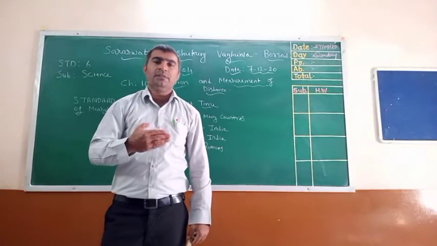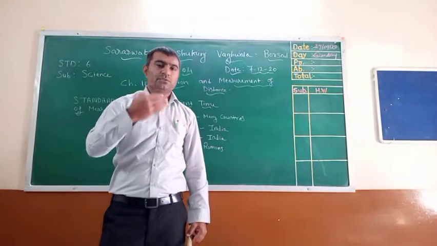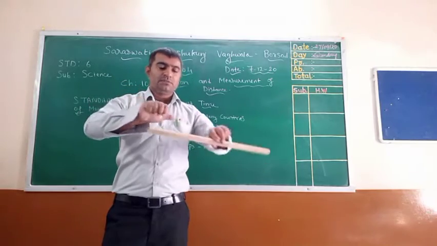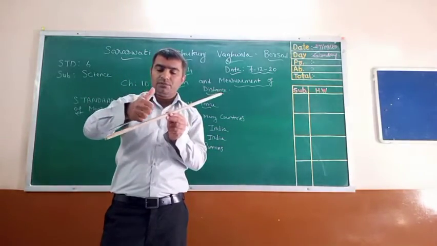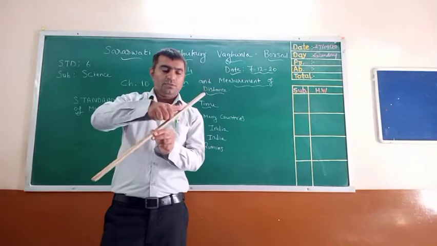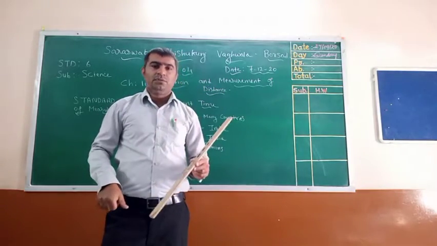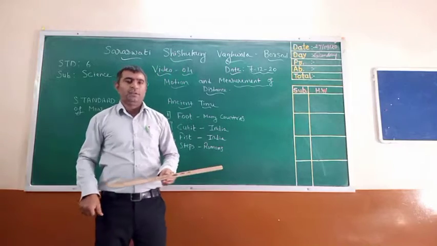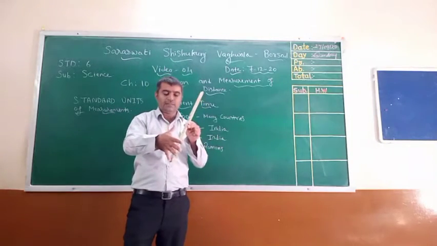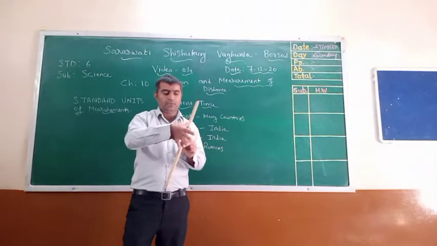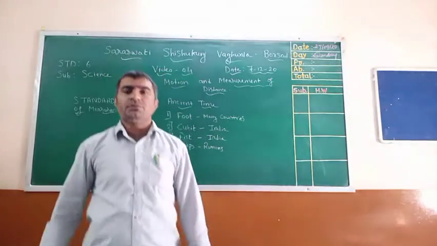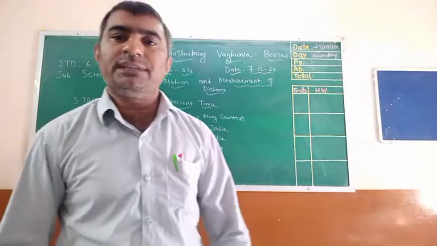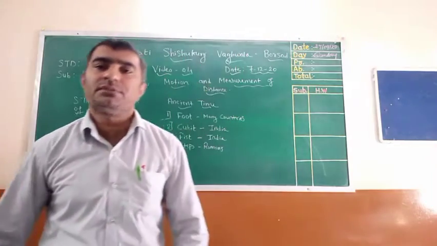They used to measure the length of the object with the help of this cubit, feet. In the same way, if you want to measure this with the help of feet, 1, 2, 3, 4, right? And as we have seen, you can use the hand span also to measure the length. In this way, people used to measure the length of different objects in the ancient times.